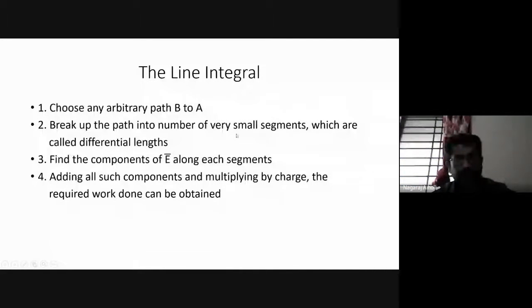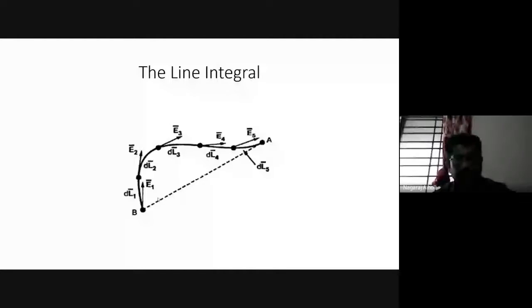Break the path into a number of small segments. Find the component of E bar along each segment. Then E bar dot dl bar for each, and we have taken this figure and we have found out W is equal to minus Q E bar dot LB.